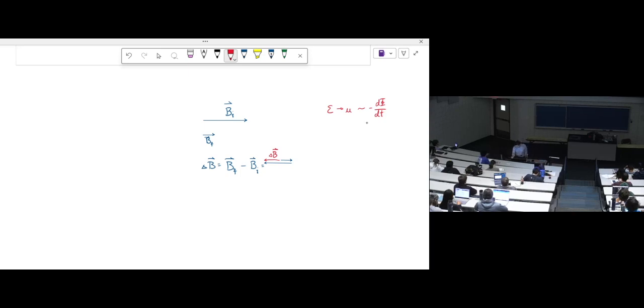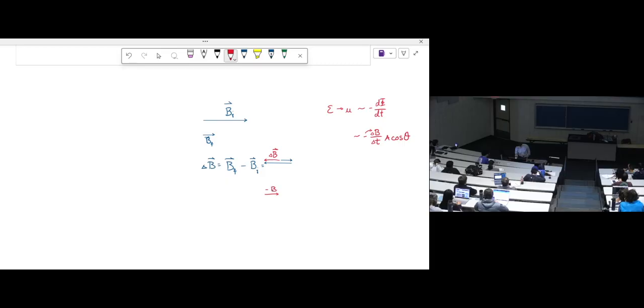The area is not changing. Orientation is not changing. So I could think of this as minus delta B over delta T times A cosine theta. So I have to consider that there's a negative delta B.